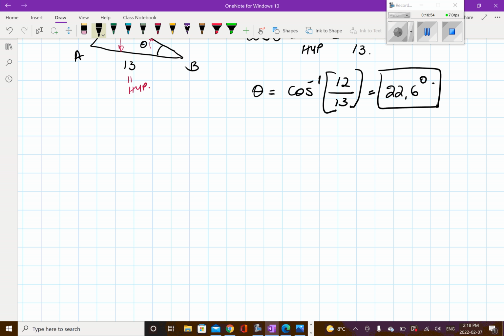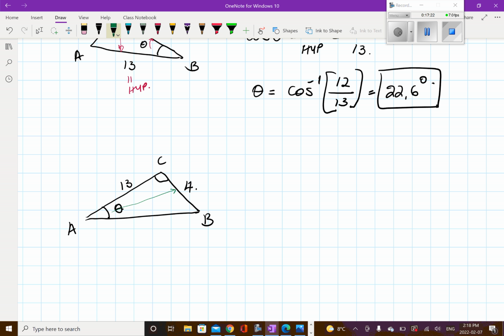Let's suppose that we have a triangle that looks like this, where a 90-degree angle is here, and we are looking for this angle theta here, when we know that this side is 13 and this is 4. And again, start by labeling the sides.